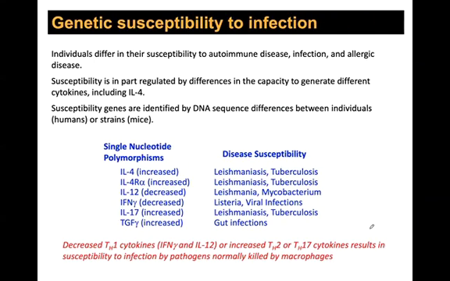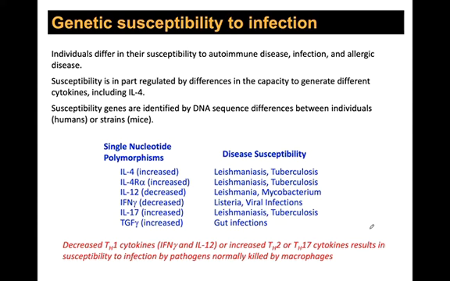Now we know through whole genome sequencing, as well as other studies, that people have mutations in genes, okay? And it's not always just completely knocking the gene out, but it alters how stable it is or how much is expressed.